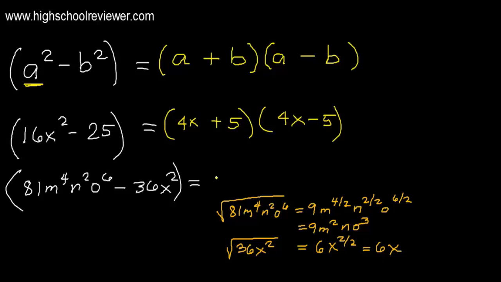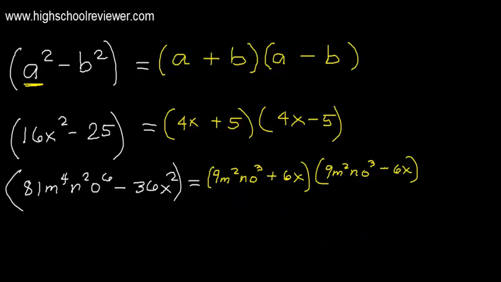And the sum and difference of two terms now will be 9 m squared n o3 plus 6x. Multiply this by the same terms, 9 m squared n o3 minus 6x. And these are our solutions for the three examples.